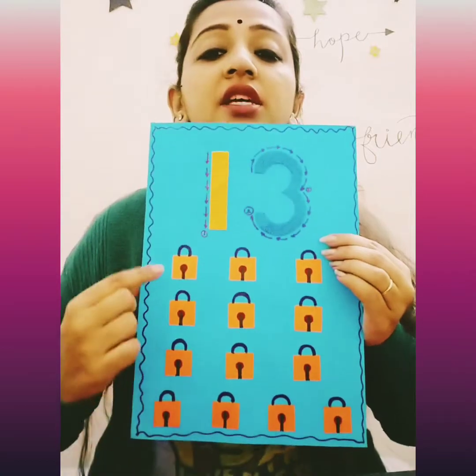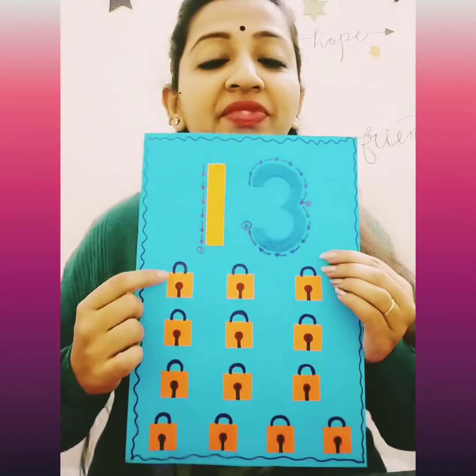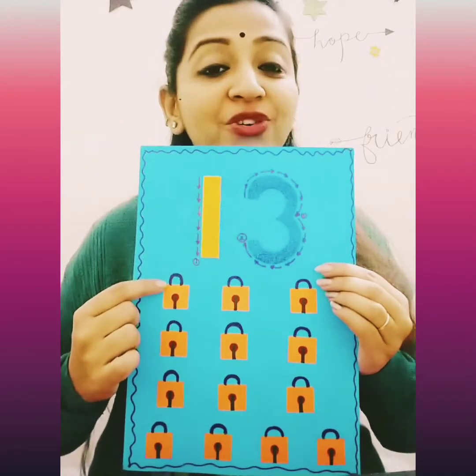Now see downside. Which object is this? Can you guess? What is this kids? Very good. This is log. Okay, so I have some logs, so you have to count with your ma'am. How many logs we have? Okay, so start from here.